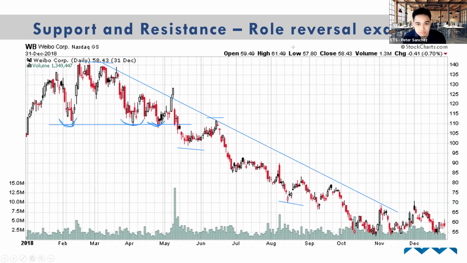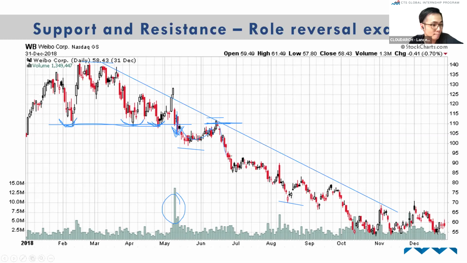Nag-break na support, breakdown with high volume, bumaba yung price. Then bumalik yung price, umakyat ulit. But yun nga, yung previous support has now become the resistance. So nangyari, nauntog lang siya dun sa previous support na resistance na ngayon.